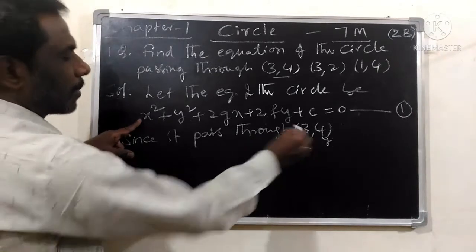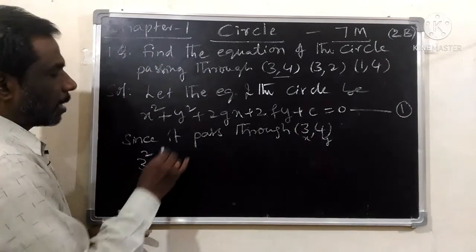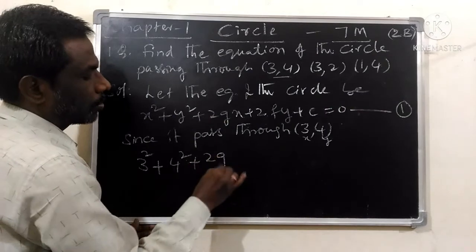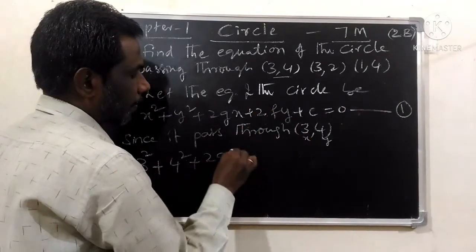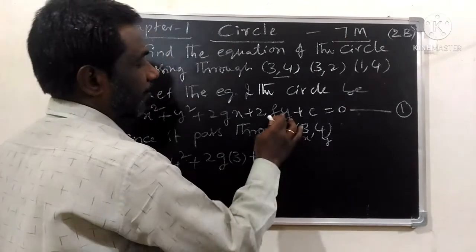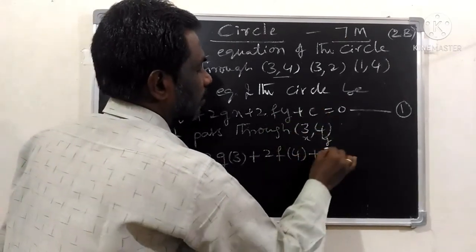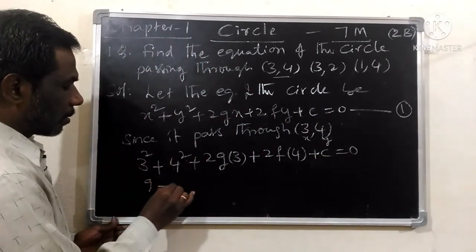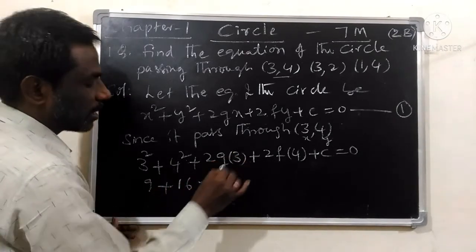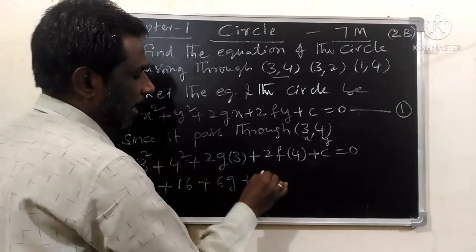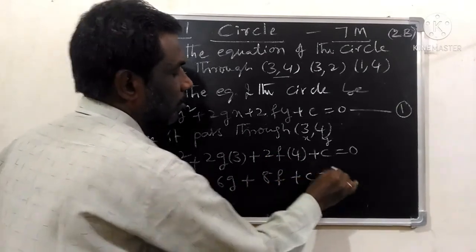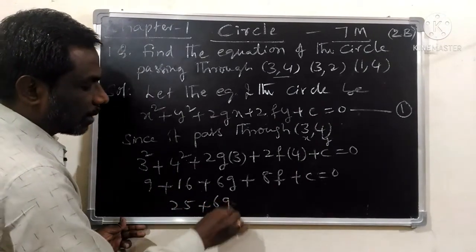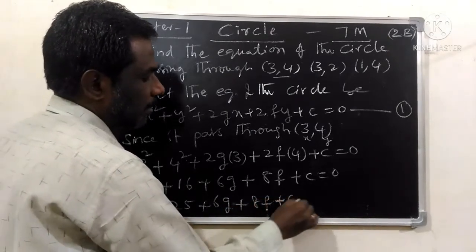So x² is 3², plus y² is 4², plus 2g times 3, plus 2f times 4, plus c equals 0. Now we simplify: 3² is 9, 4² is 16, plus 2 times 3 is 6g, plus 2 times 4 is 8f, plus c equals 0. 9 plus 16 is 25, plus 6g plus 8f plus c equals 0.